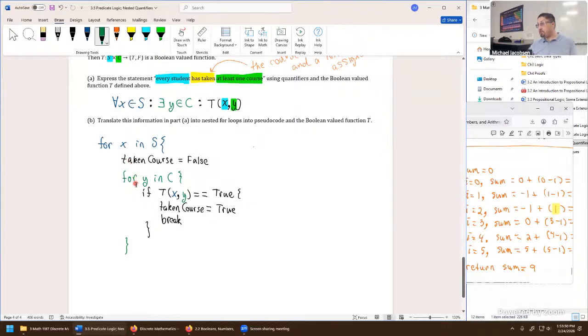So let's suppose this if never ran, then taken course is going to be false for that one student. It'll stay false. Then we'll go to the next student, run through, and it's possible the if block never runs again because the next student potentially never flips to true.